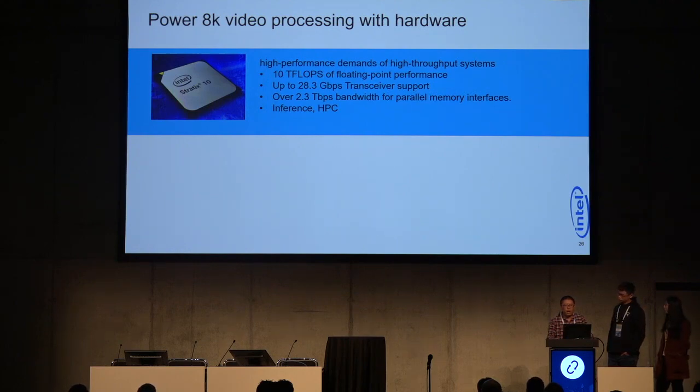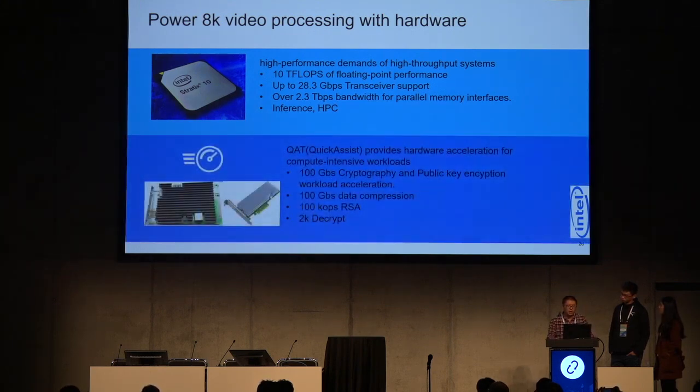This is the Intel FPGA. The new product is Stratix 10. It supports high floating point performance, high speed transceivers, and high bandwidth for parallel memory interface, useful in inference and HPC. This is QAT.